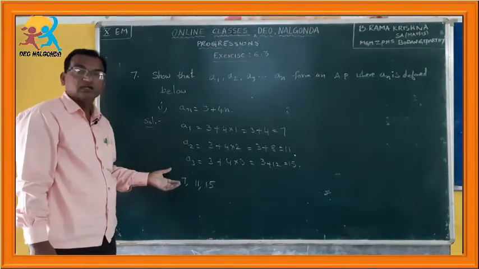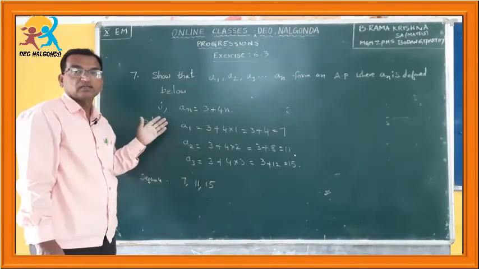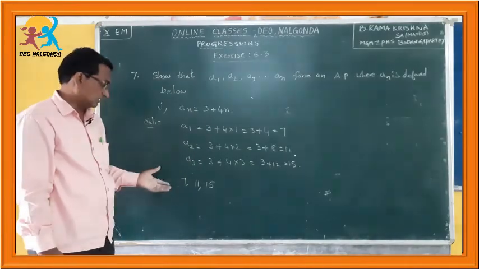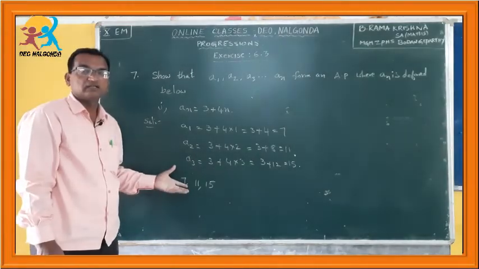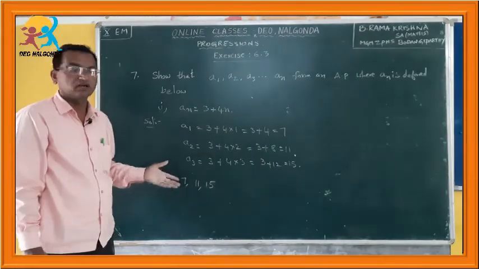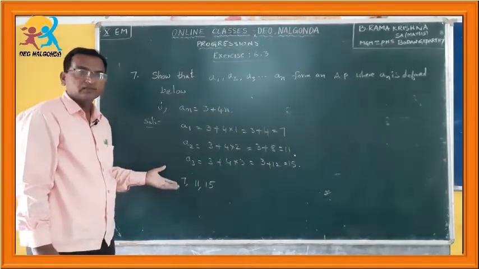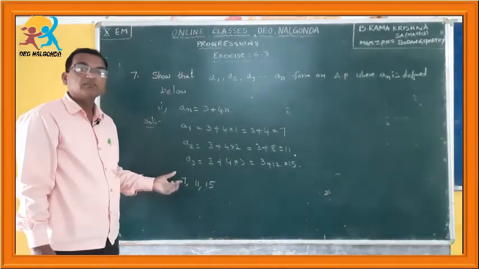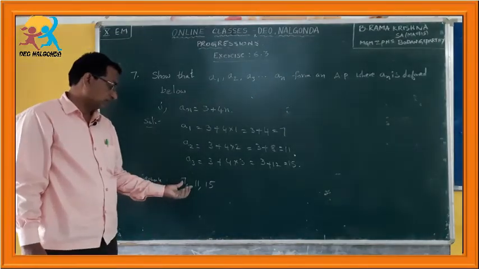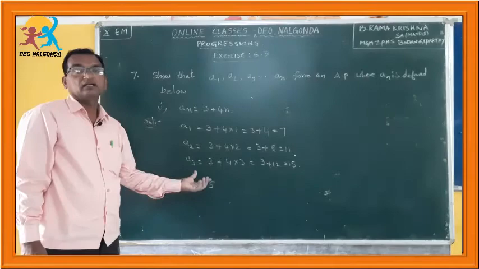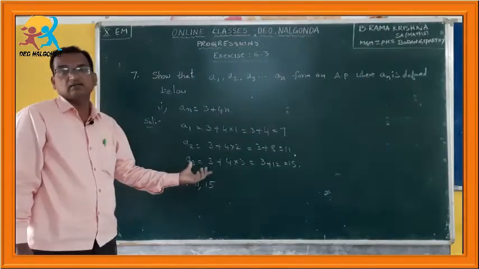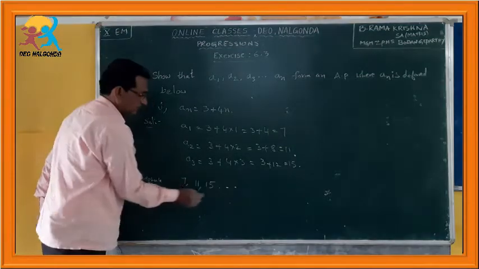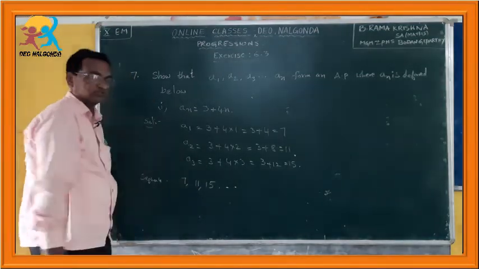We learnt this in the first topic, how to show a sequence or a list of numbers forms an AP. How to show? Do you remember? Just simple. You have to find the common difference between any two successive pairs and show that these differences are the same.